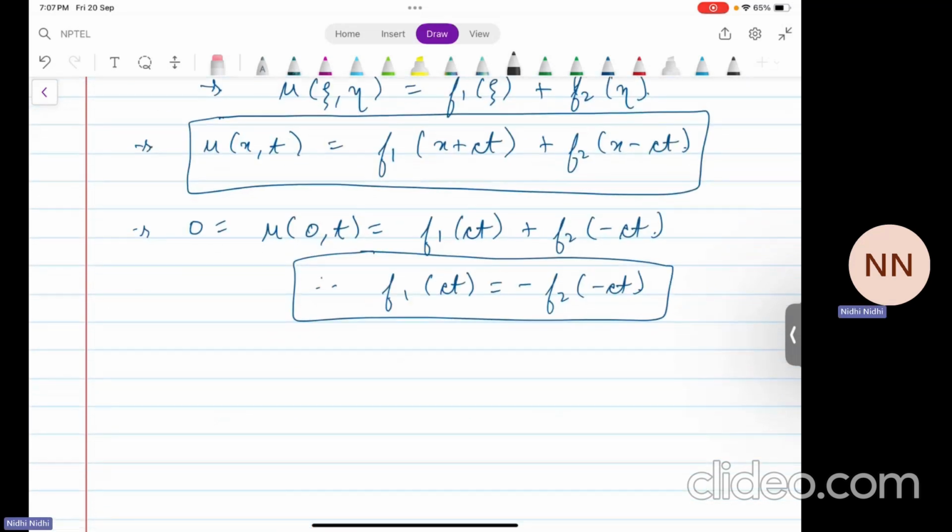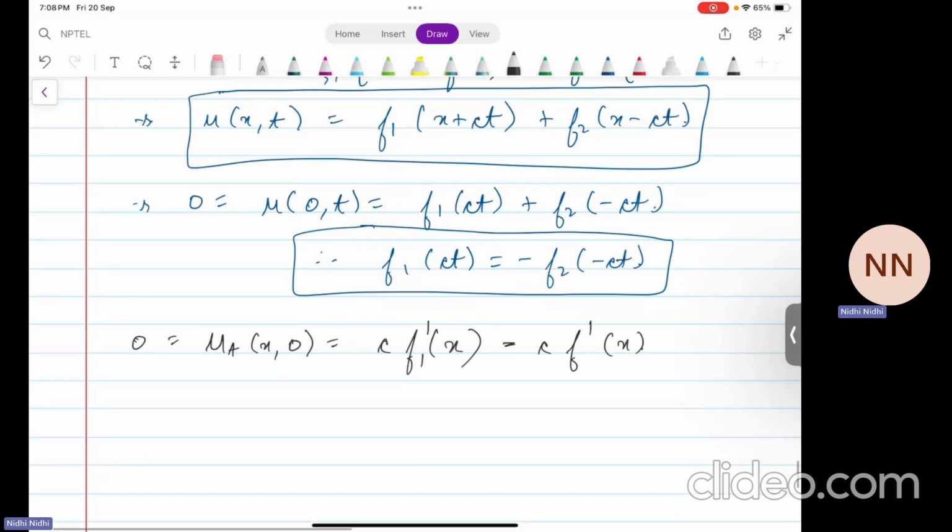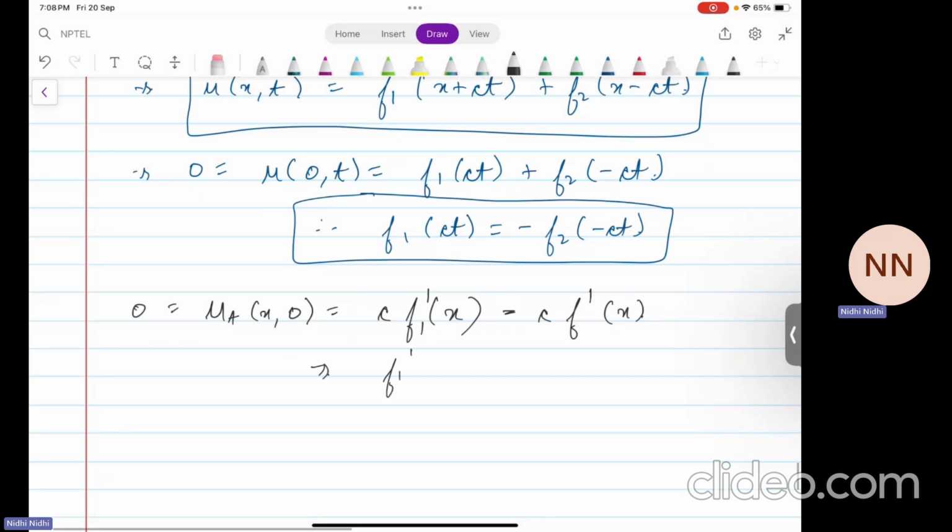We also have u t at x comma 0 is 0. Now the derivative of u with respect to t gives us c times f1 dash, putting t equals to 0, just x, and minus c times f2 dash at x. So this gives us f1 dash x minus f2 dash at x is equal to 0.